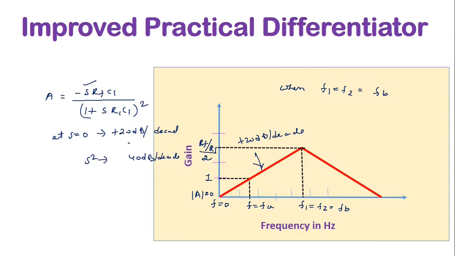Now because of this S square in the denominator, we have minus 40 dB per decade slope, and when we add this plus 20 dB with this minus 40 dB, we will get minus 20 dB per decade. So the next slope after this plus 20 dB per decade will be minus 20 dB per decade. Okay, so this is the frequency response of the improved practical differentiator.